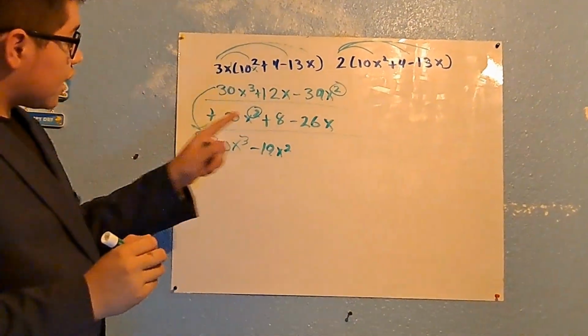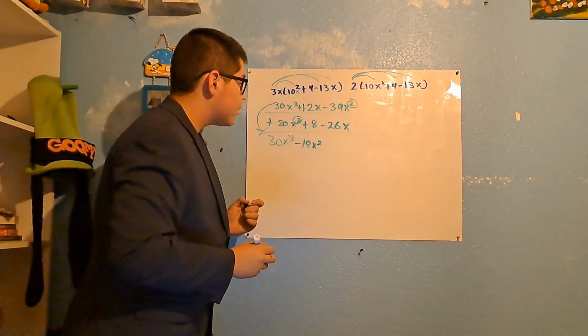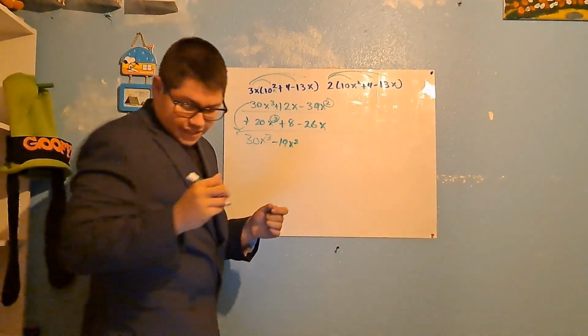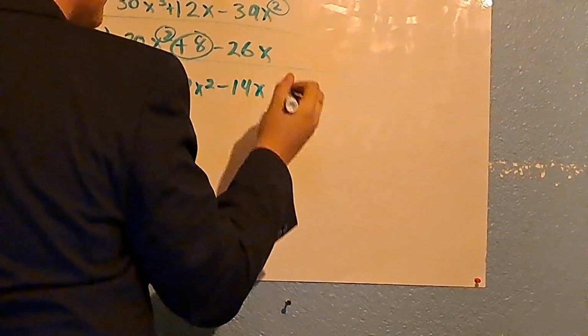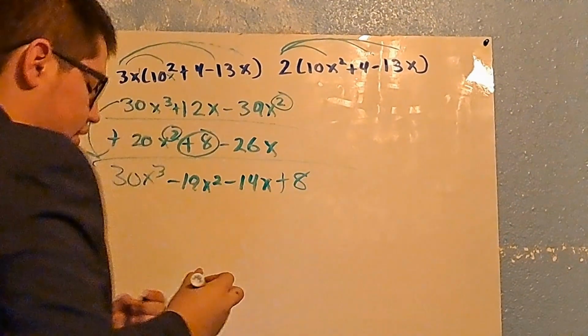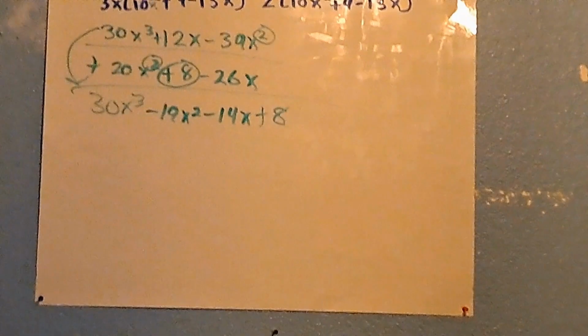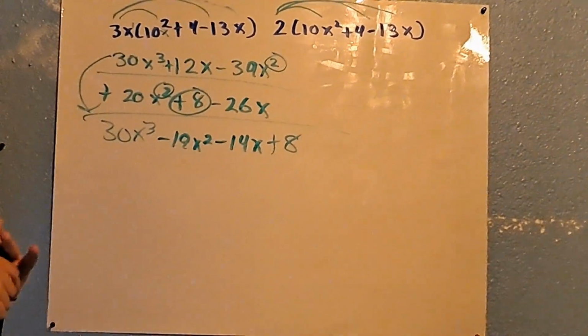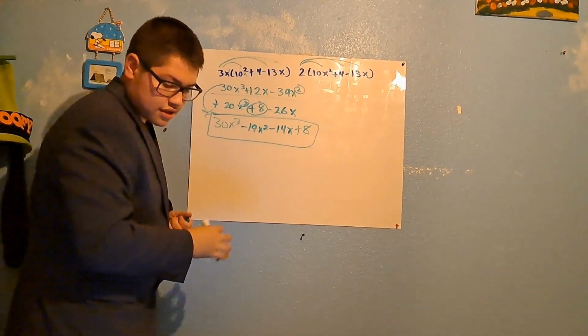And negative 26x plus 12x would have to come out to negative 14x. And the independent term, 8, would come down here. And with this, we solved 3.2, one of the master problems. This would be our answer.